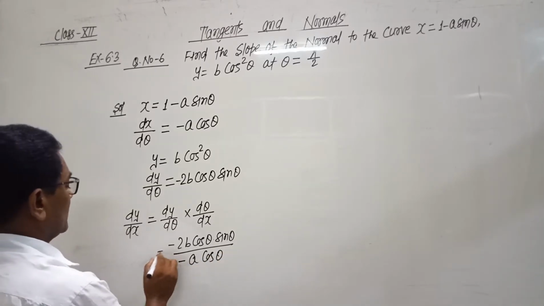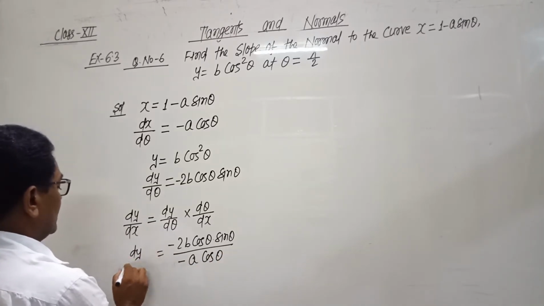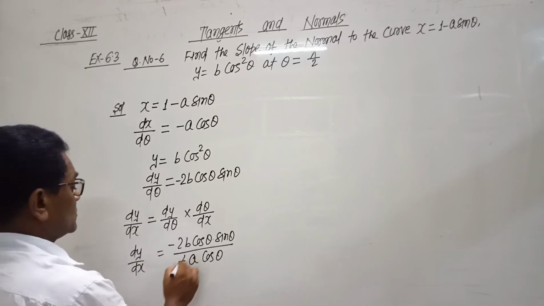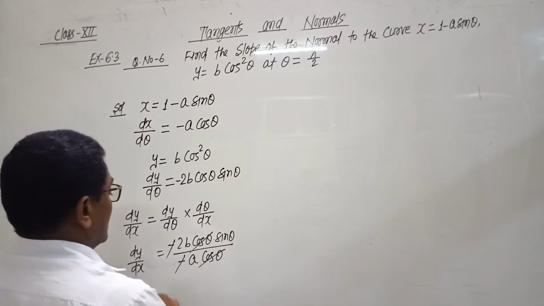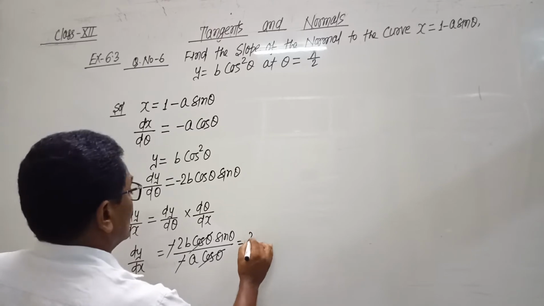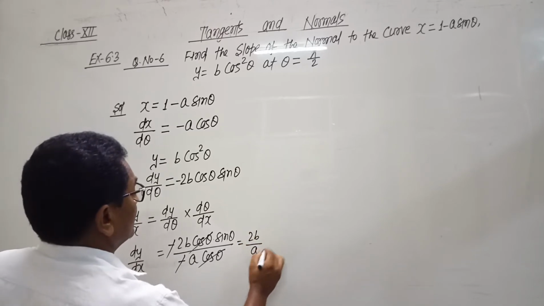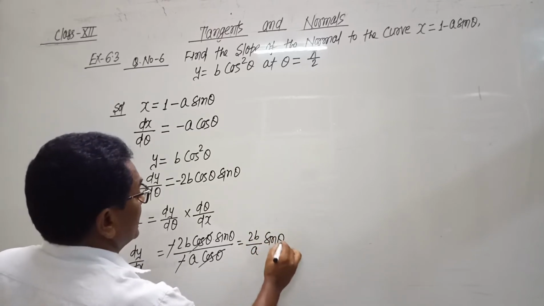This is dy by dx. So minus and minus cancel, cos theta cancels, and we get 2b by a into sin theta.